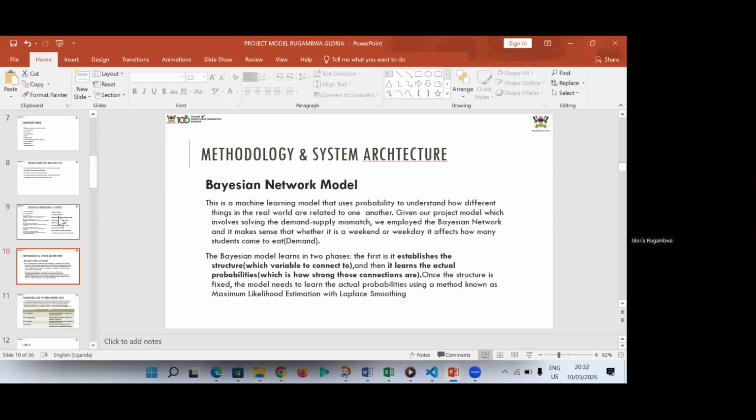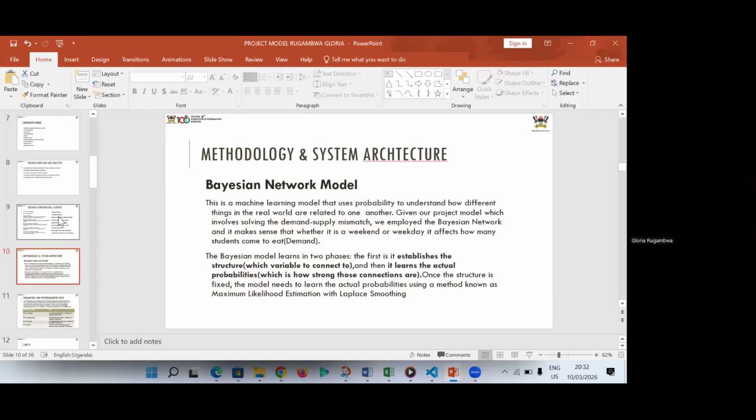It is a machine learning model that uses probability to understand how different things in the real world are related to each other. You can think of it as a map of cause and effect. It shows you which factors affect other factors and by how much.